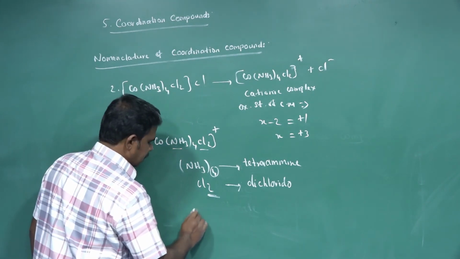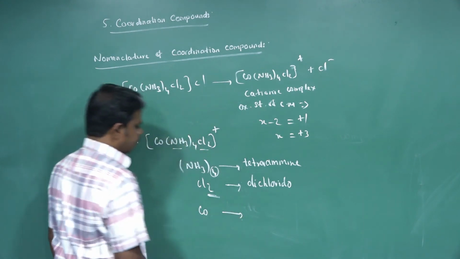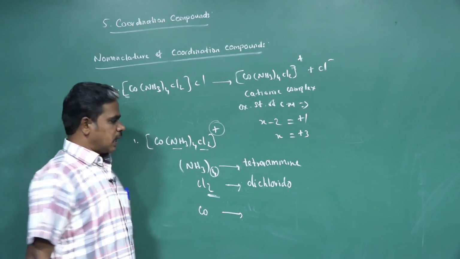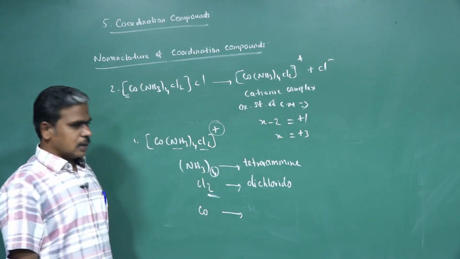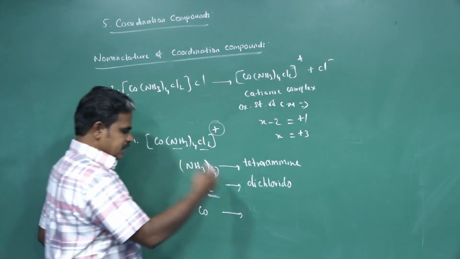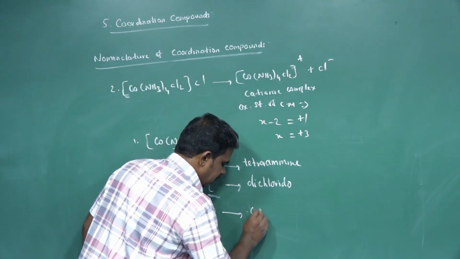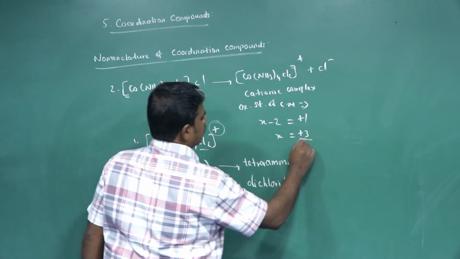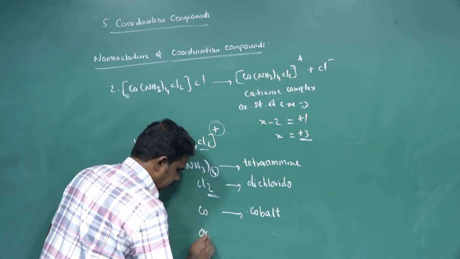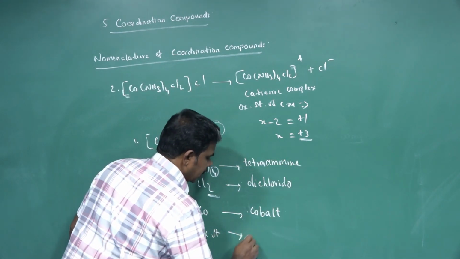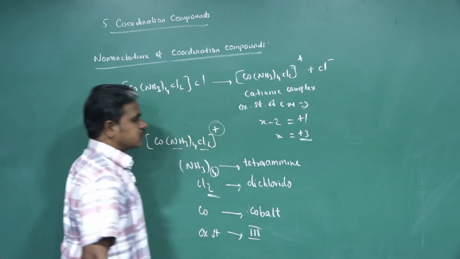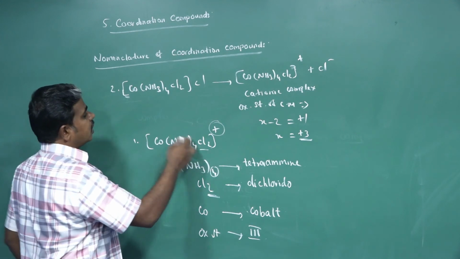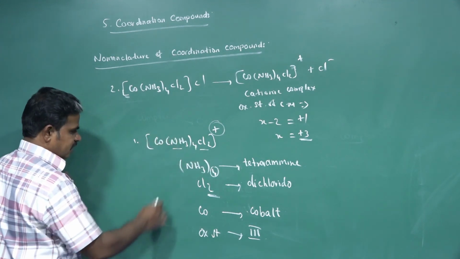Here the central metal atom is Co. It is a cationic complex, and while naming the central metal atom in a cationic complex, we use the element name, so it is cobalt. Now the oxidation state, which is 3. Correct? Now while naming these complexes, we take the cation first.